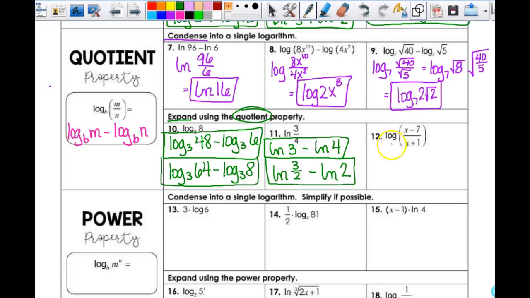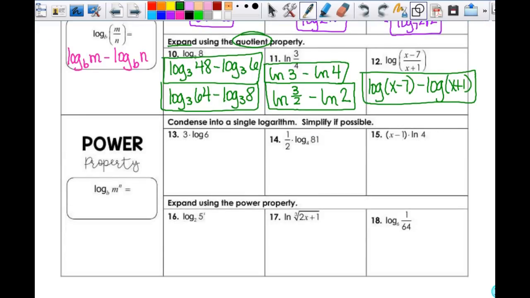Here, log base 10, so this is going to be log of x minus 7 minus log of x plus 1. There you go. So those are your product and quotient properties. Think about your options on these, and when you're arguing with your neighbor about who's right and who's wrong, you could both possibly be right.